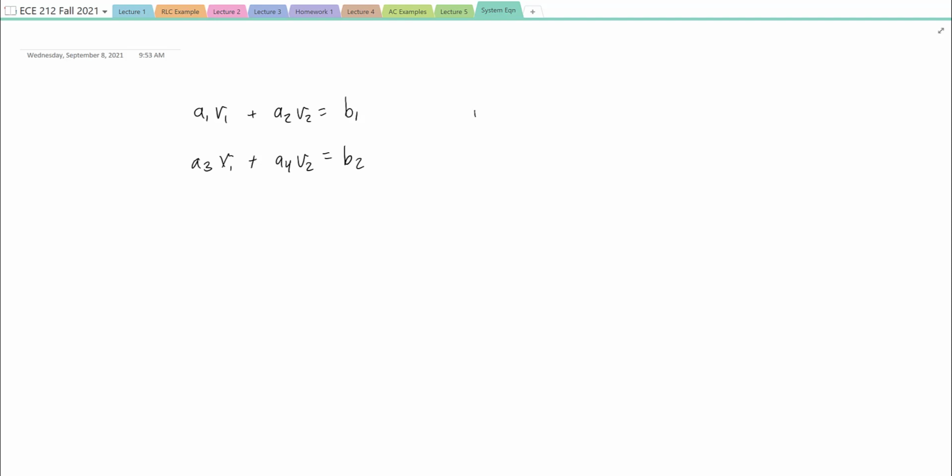And where these A sub i's and B sub i's are constants, and the V sub i's are variables that we need to find.